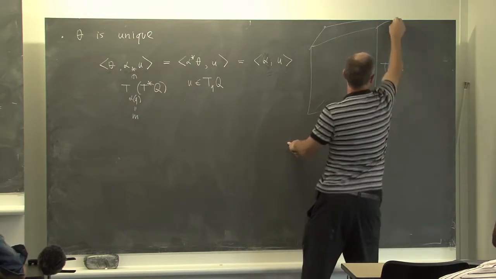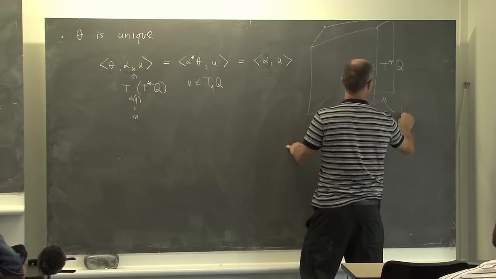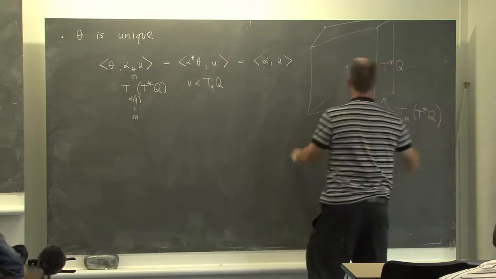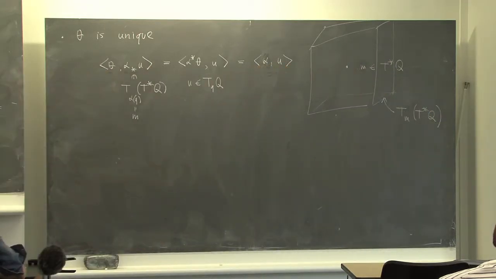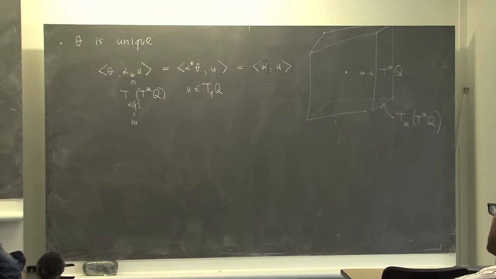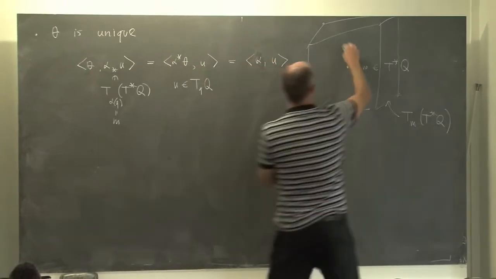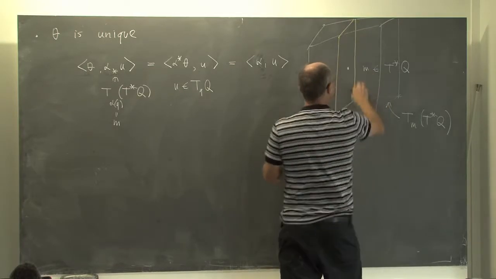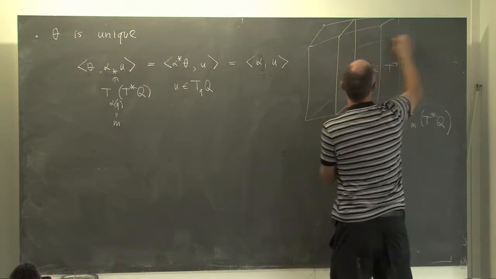Well, maybe my picture is not very convincing. So this is the tangent space of M of T star Q. And inside you have a vertical fiber, right? So these are vertical.